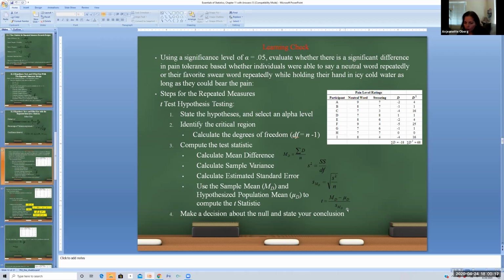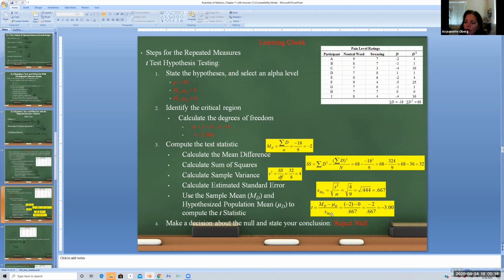Then we're going to go through the formula, and then we make a decision, or we plug it into SPSS, okay? So walking through, assuming this was our data set, p is less than 0.05. Our null hypothesis is the difference scores would equal 0. Our alternate is the difference scores would not equal 0.